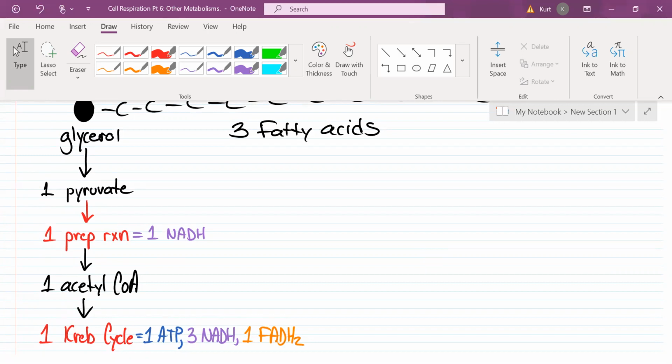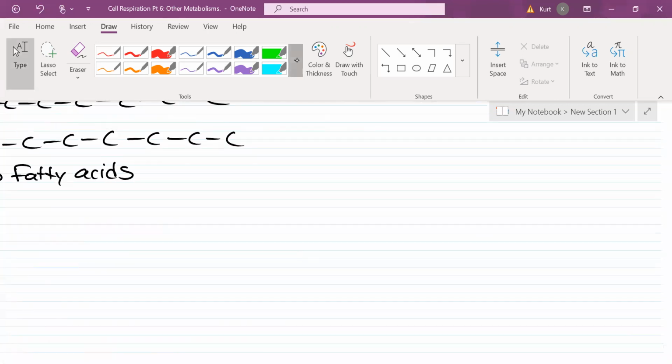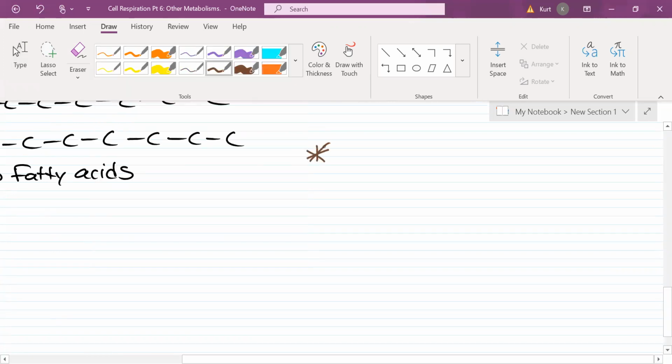But before I break down the fatty acids, here's what I need you guys to remember. This is just going to be a little reference point. You ready? A fatty acid can be broken down to acetyl coenzyme A. This process is known as beta oxidation.